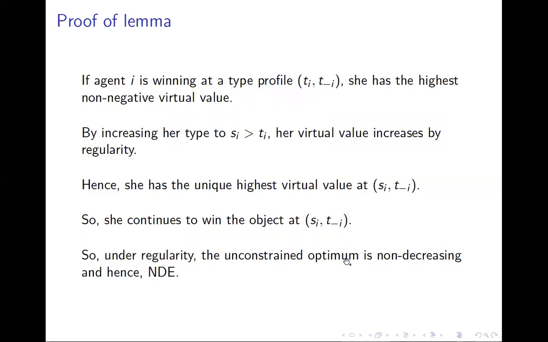According to the unconstrained optimal rule, she continues to win the object at (s_i, t_{-i}). So what we have shown is that under regularity, the unconstrained optimum is non-decreasing. That is, for every t_{-i}, the allocation rule is non-decreasing, and hence it is non-decreasing in expectation also. Is the proof clear?